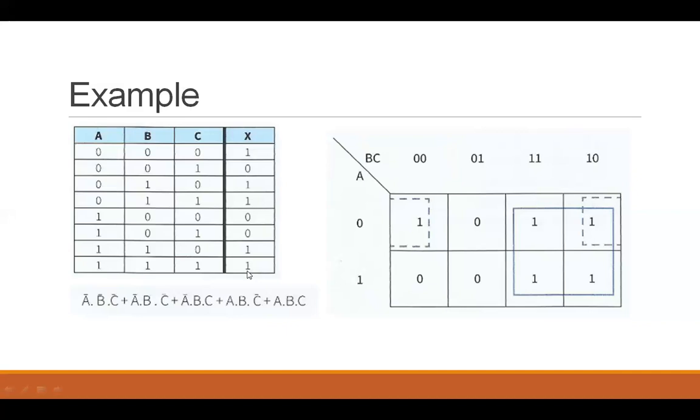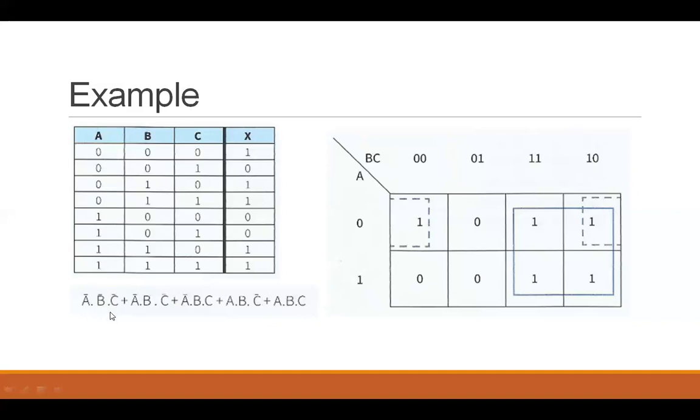And then the last one is coming from 1, 1, 1. So I'm having ABC, which is in the second last cell of my K-map. So I'm placing a 1 there. As you can see, we first of all find out all the products and then we wrote them as sum of products.